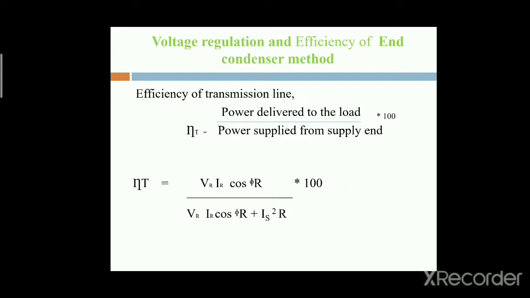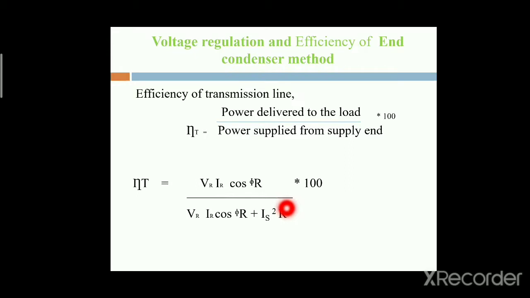It is the power delivered to the load plus line losses. The power delivered to the load is VR IR cos phi R, and the formula for line losses is Is square into Z.